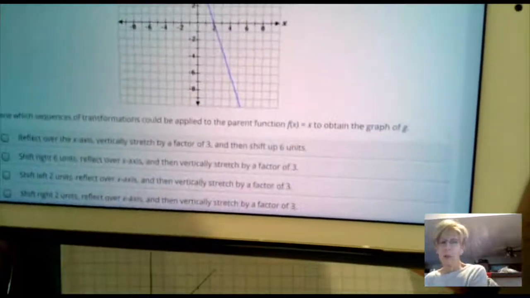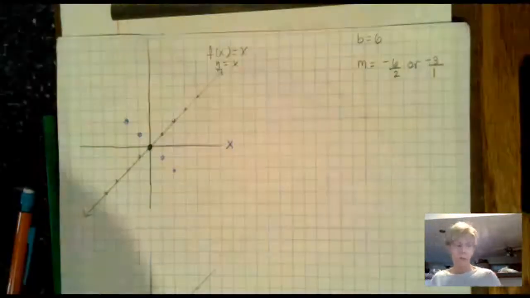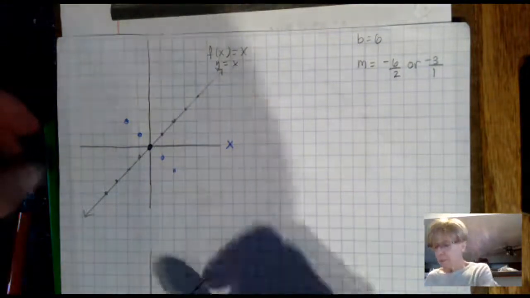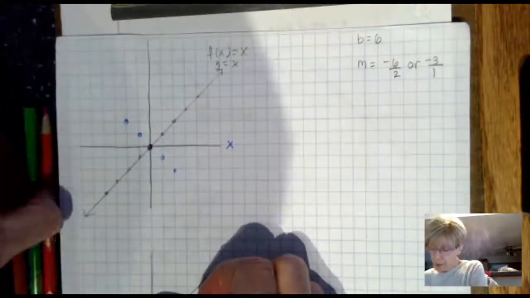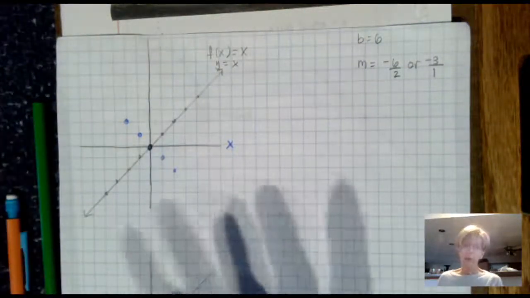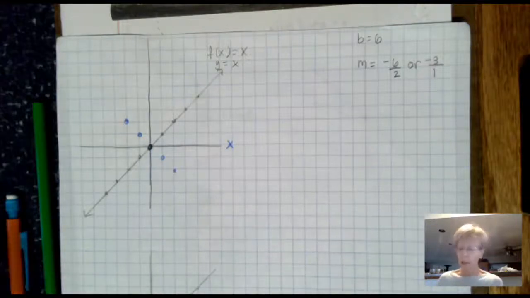The next part here is we're going to vertically stretch by a factor of 3. So luckily on this one, I have 0, 0 on here. You want to maintain the pattern on this blue line, even though I didn't connect the dots, and I'm not going to.